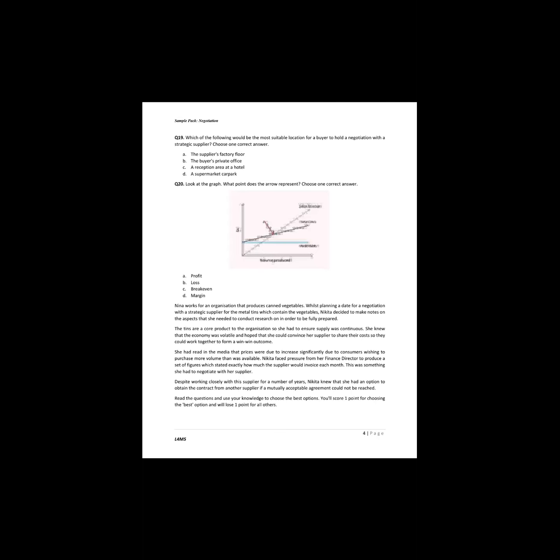So when we take the first question, question 21: what type of costing is Nikita hoping her supplier will agree to? If you read the second paragraph, she knew that the economy was volatile and hoped that she could convince her supplier to share their costs so they could work together to form a win-win outcome.